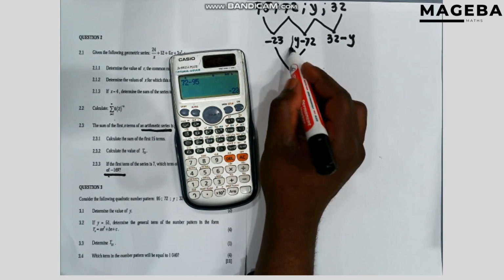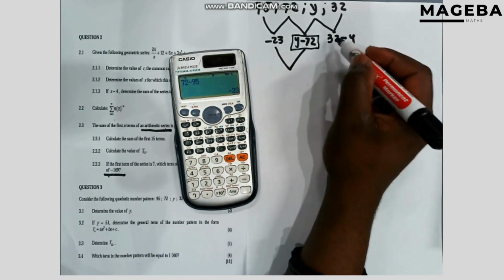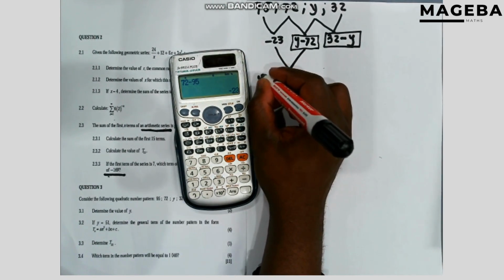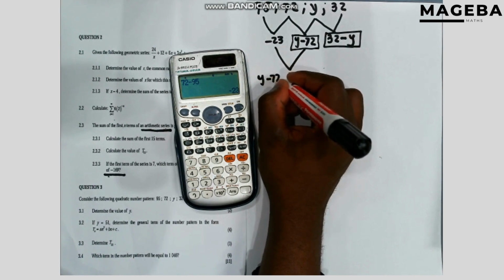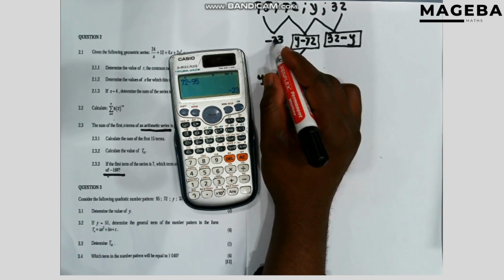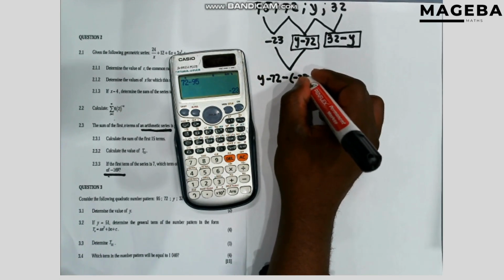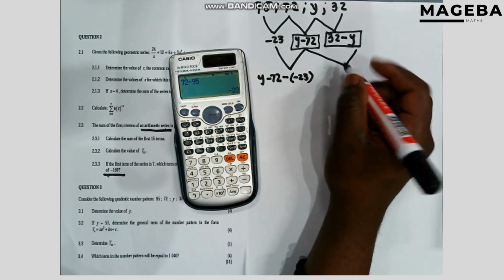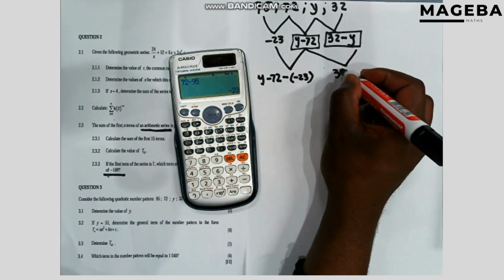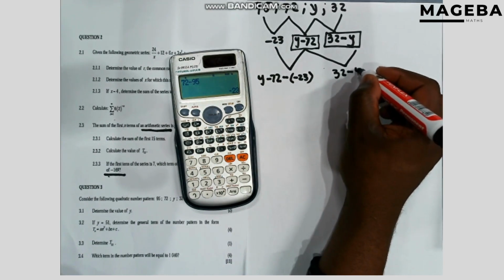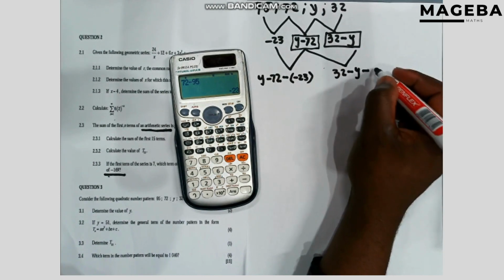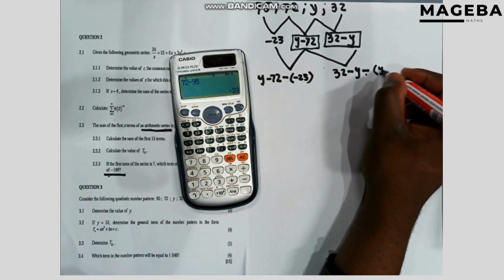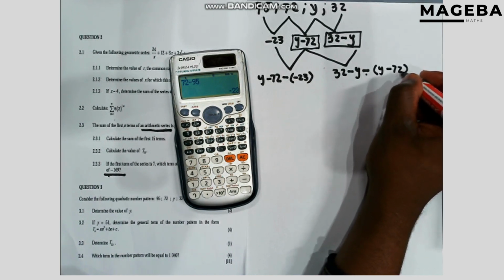We take these first differences as terms. So we say y minus 72 minus negative 23, and also 32 minus y minus the bracket, y minus 72. The negative is very important, so you need to put the bracket.